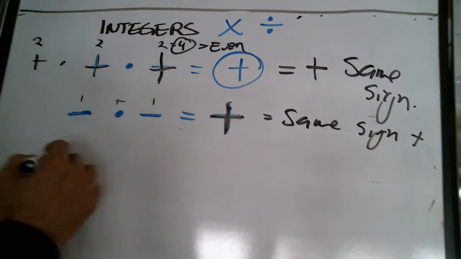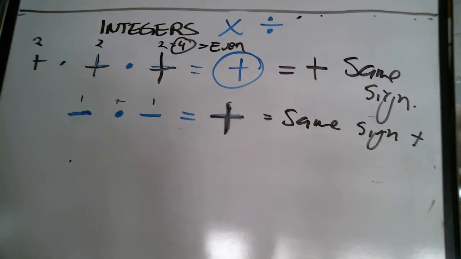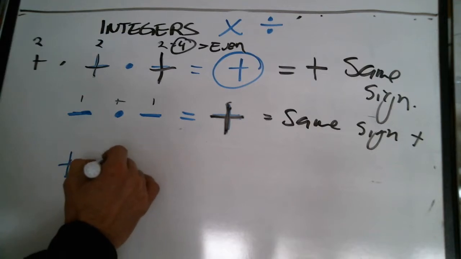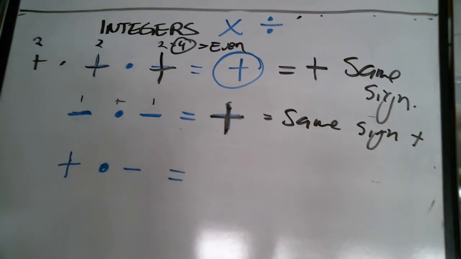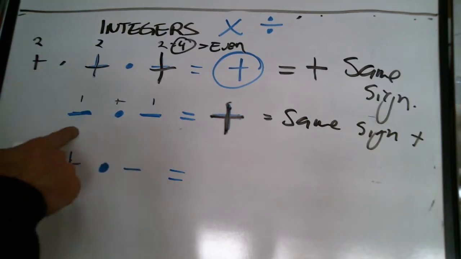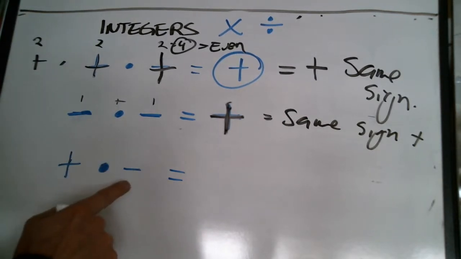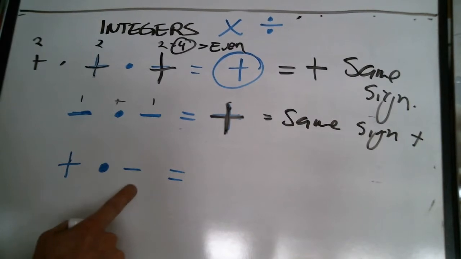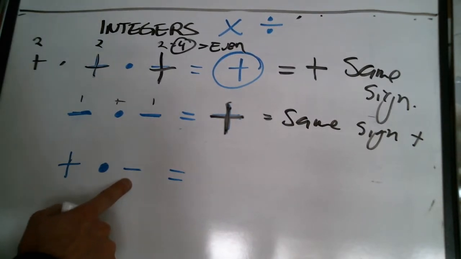Now, let's take a look at the other one. There is only one other. I got a positive times a negative. Visually, you can see it. Do you see how this one doesn't have another line to make a buddy with? It's going to leave itself out as a negative. It's kind of like the loner when you go to Callaway Park and you go to the roller coaster and you have 3 people.